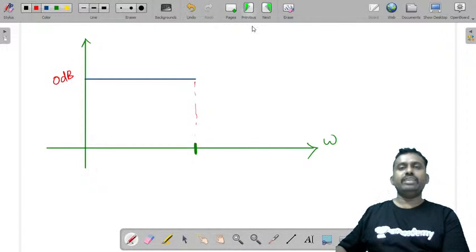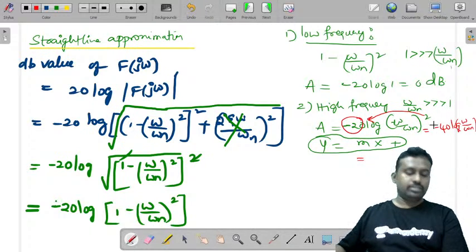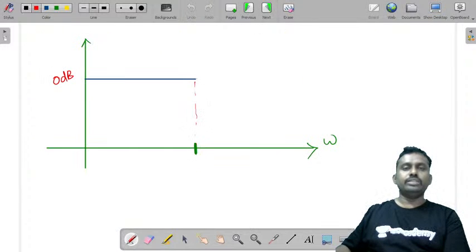After that, we have seen there is minus 20, or if you take this 2 to this side, it is minus 40 log omega by omega n. So it is a negative slope.